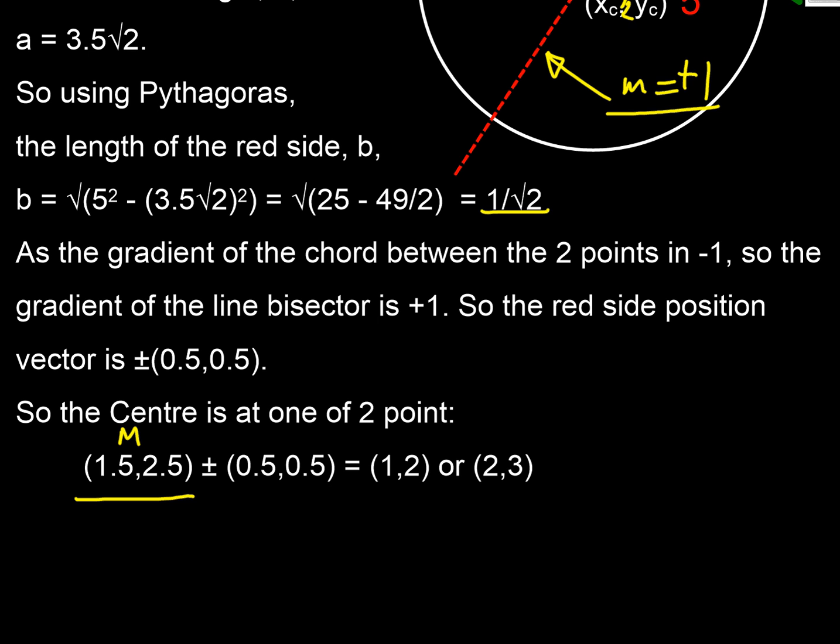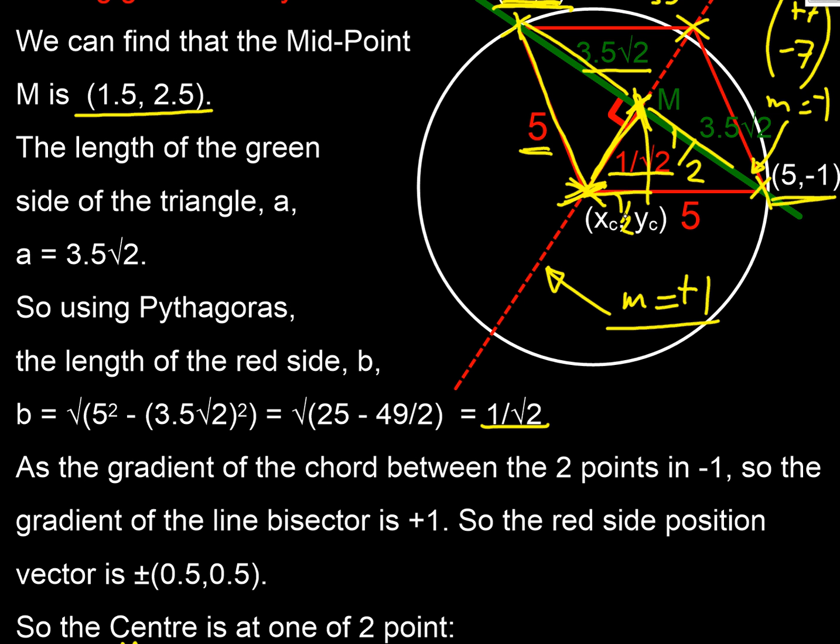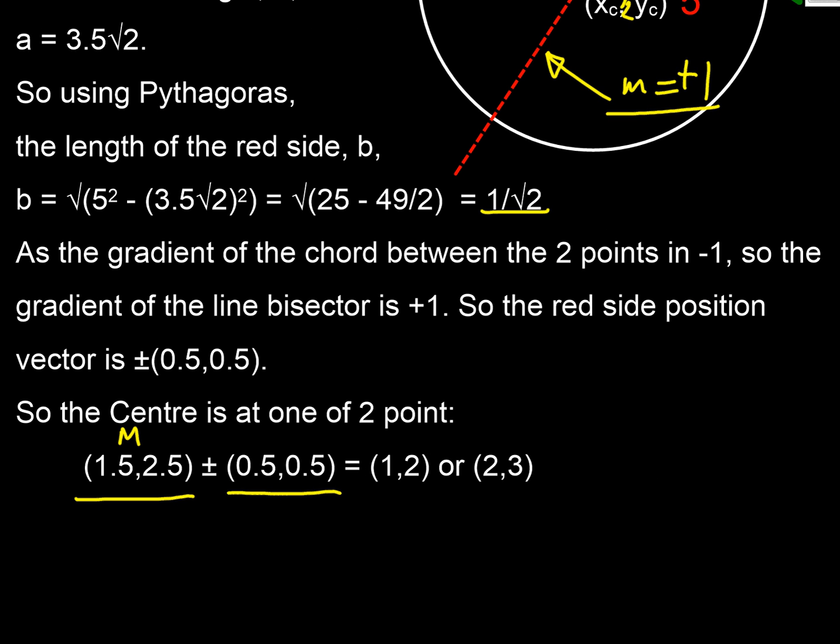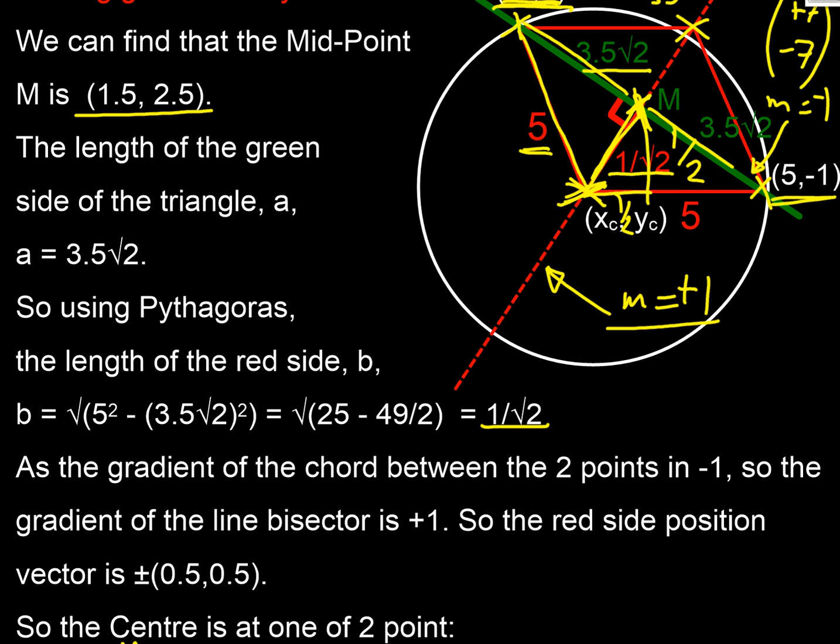If our little yellow triangle here is a half and a half, we can either go down a half and a half, or go up a half and a half. So if we go down, we get to 1, 2 as a centre, and if we go up, we get to 2, 3 as our centre.